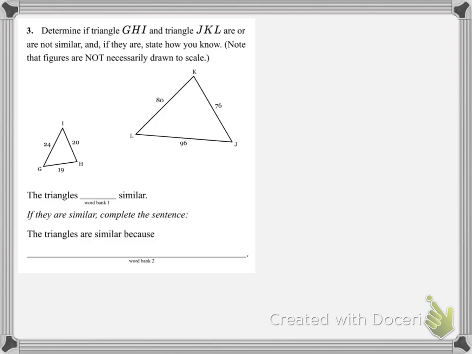Now it says determine if triangle GHI and JKL are or are not similar. What do they give us here? Remember, these are our three choices. Notice they gave us all three sides and no angles at all. So it can't be AA and it can't be SAS. The only thing it could be is SSS. How do we know?